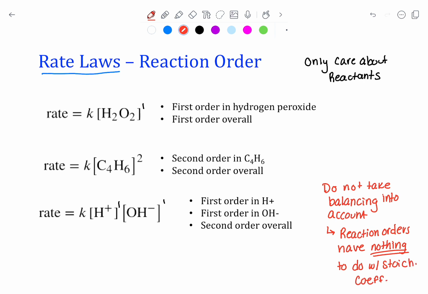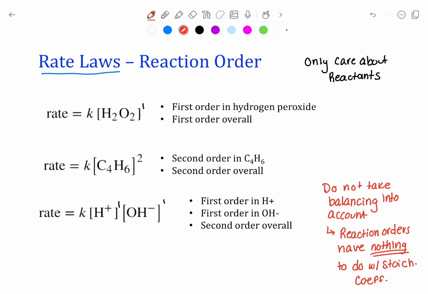So we were able to find these reaction orders without having a balanced chemical equation because with rate laws, the balancing doesn't matter. These reaction orders have absolutely nothing to do with a balanced chemical equation. You do not need a balanced chemical equation in order to find the reaction order. They are not related to each other.